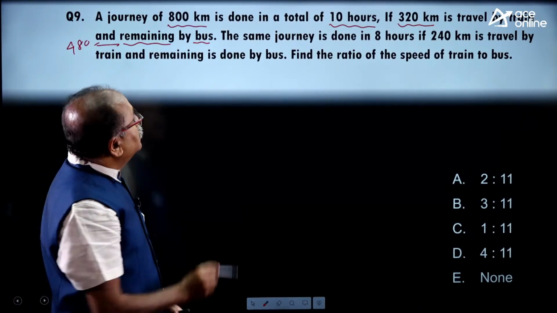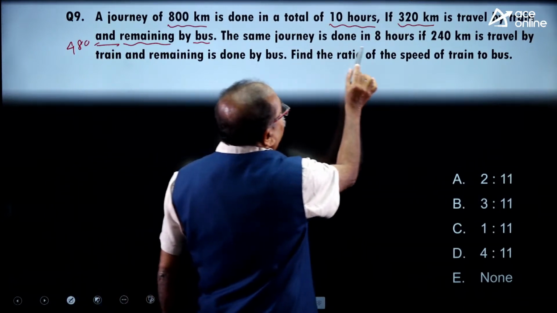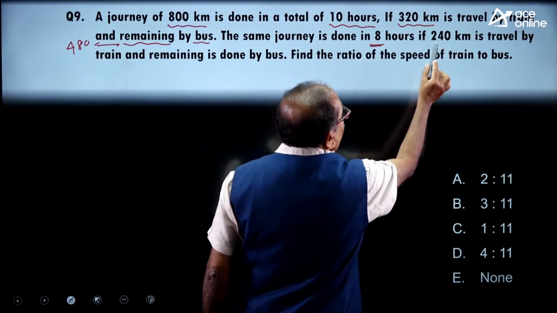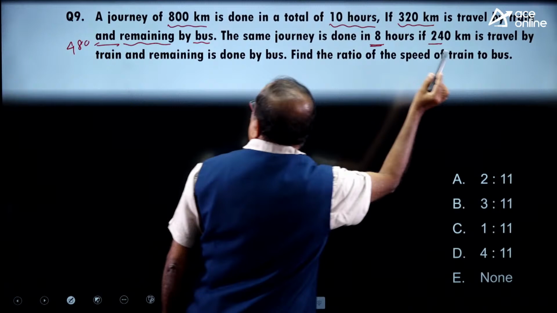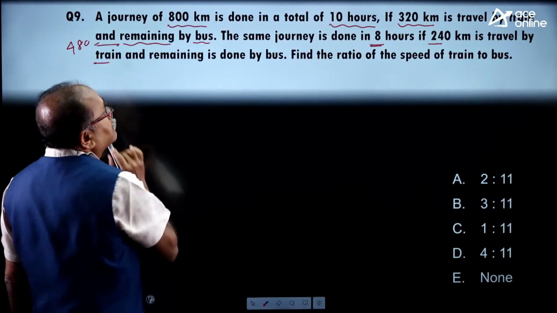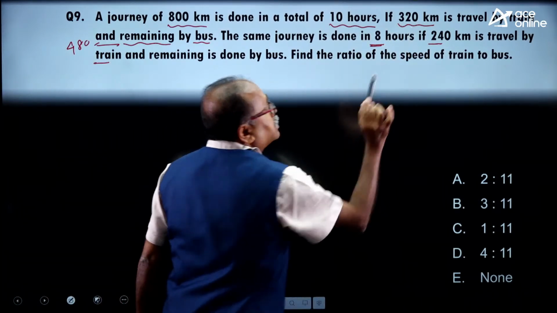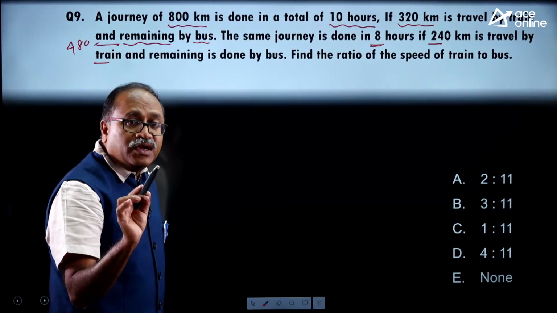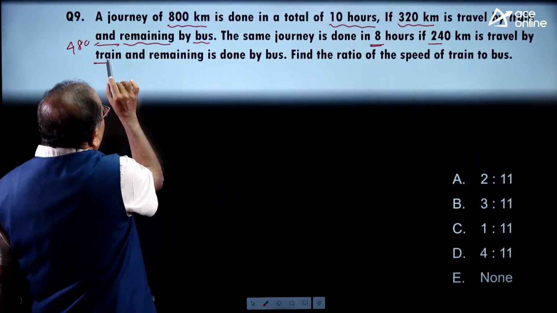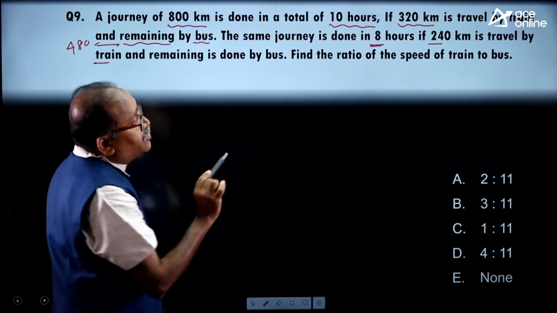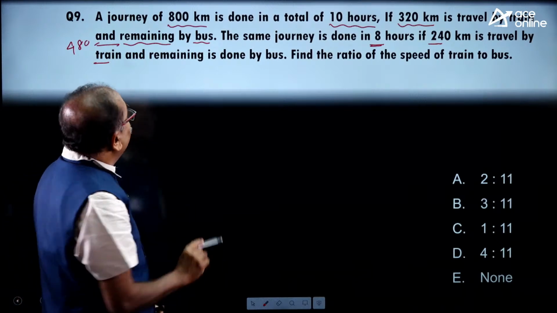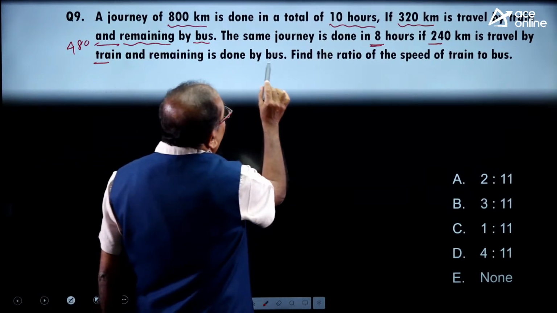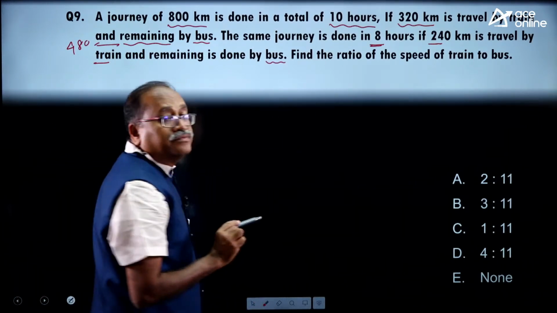Next we have, the same journey is done in 8 hours if 240 kilometers out of 800 is travelled by train, instead of 320 travelled by train, and the remaining is done by bus.